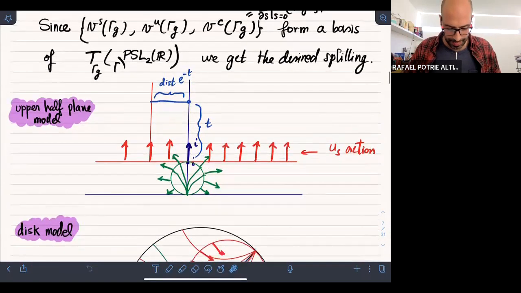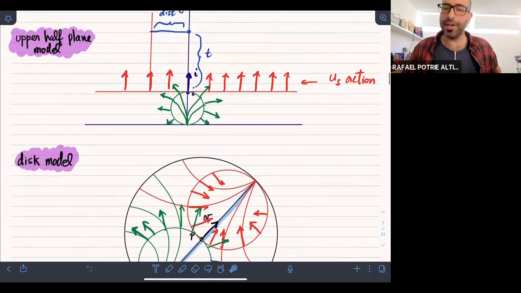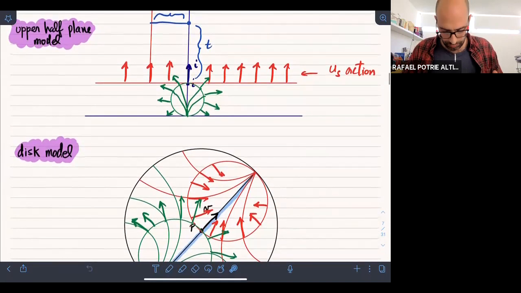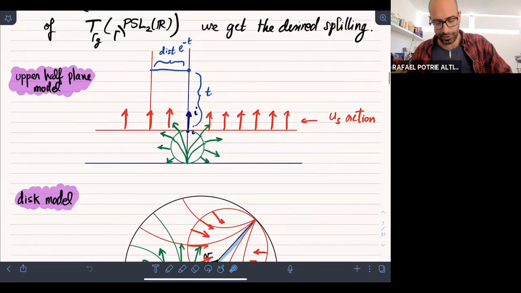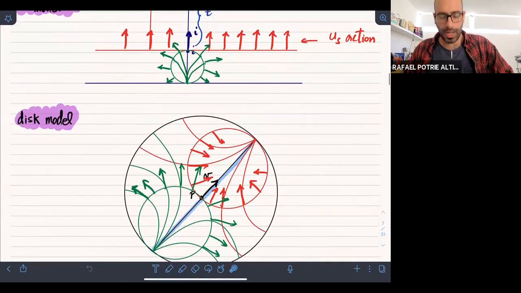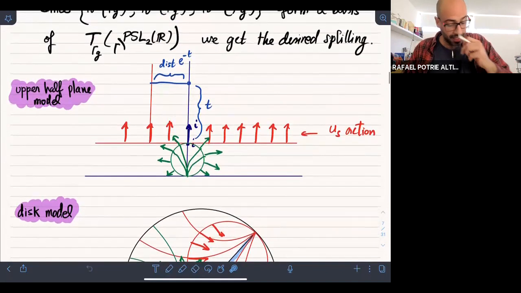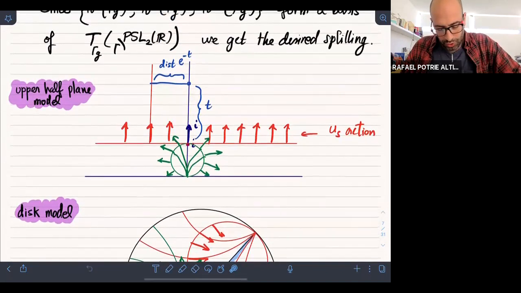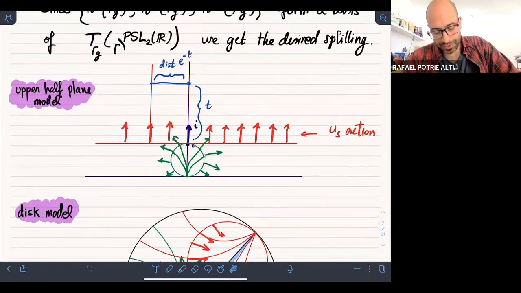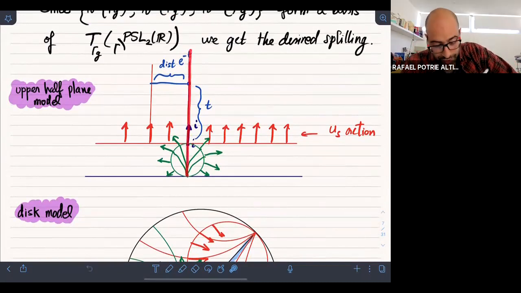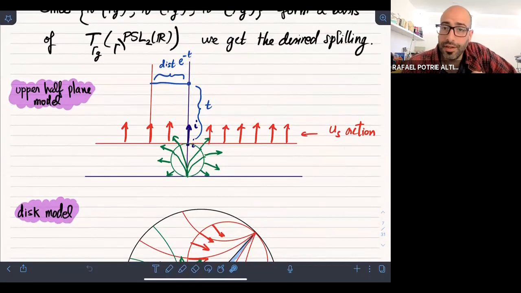So these two drawings will appear a lot of times. Sometimes we'll draw it on the upper half plane, and sometimes on the disk. In general, you use the upper half plane when you are trying to fix your attention on a geodesic ray.